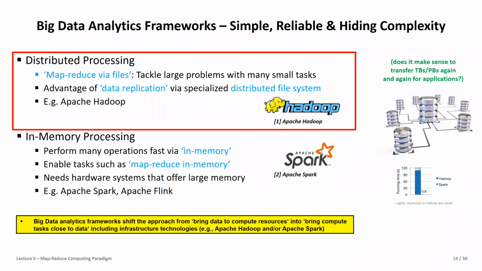So this brought a big movement into the game called the big data analytics frameworks, which are very simple in a way, reliable, but hide lots of the complexity. By doing so, they abstract, and have every now and then the negative connotation of being sometimes very slow.